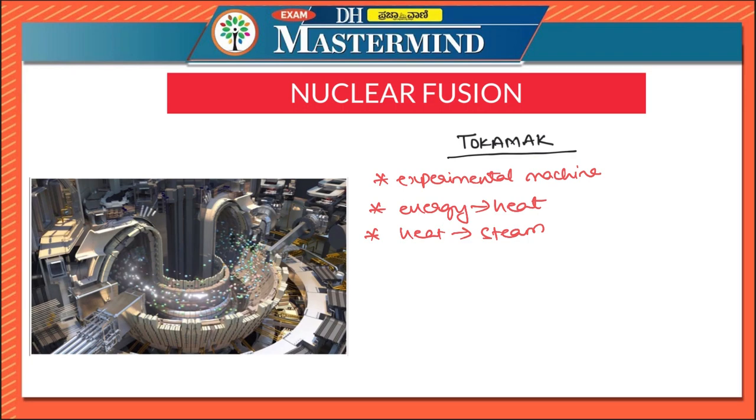The tokamak was first developed by Soviet research in the late 1960s. This device to sustain fusion reactions has been adopted around the world as the most promising configuration of magnetic fusion device.